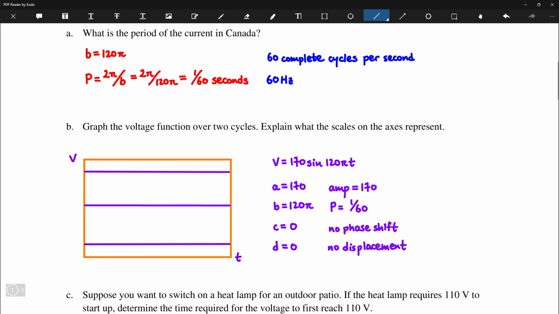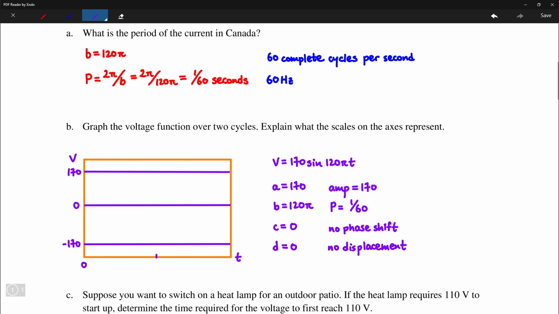So we have something that looks like this. This is 0, positive 170, and negative 170 volts, respectively. So in terms of time, we know that the time will start at 0, and we are to draw 2 complete cycles.